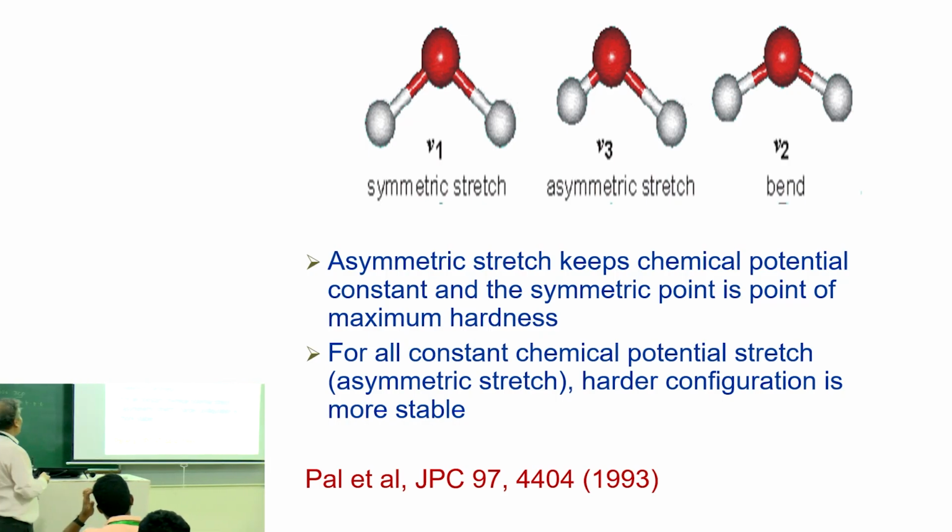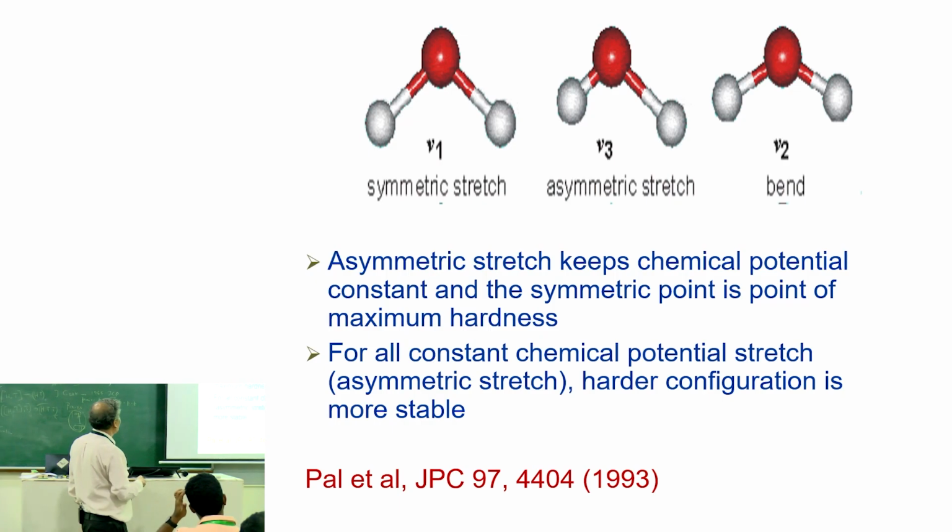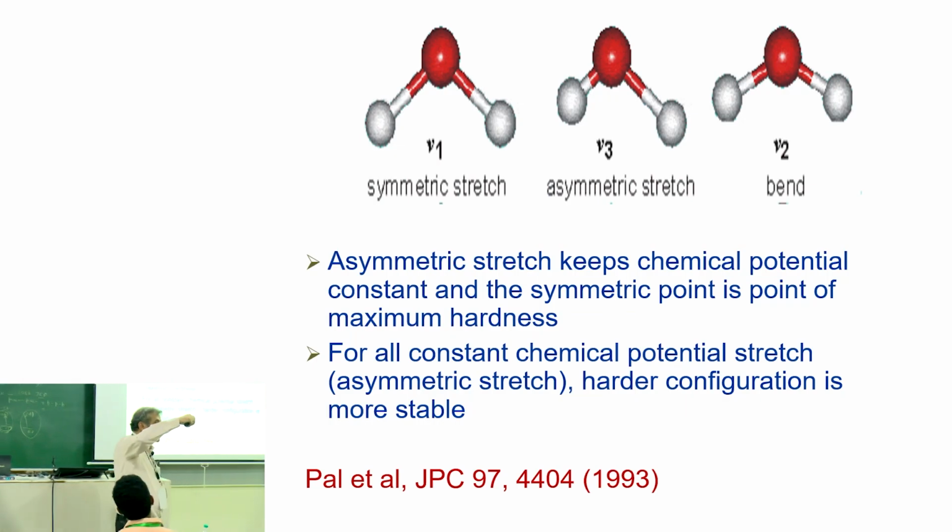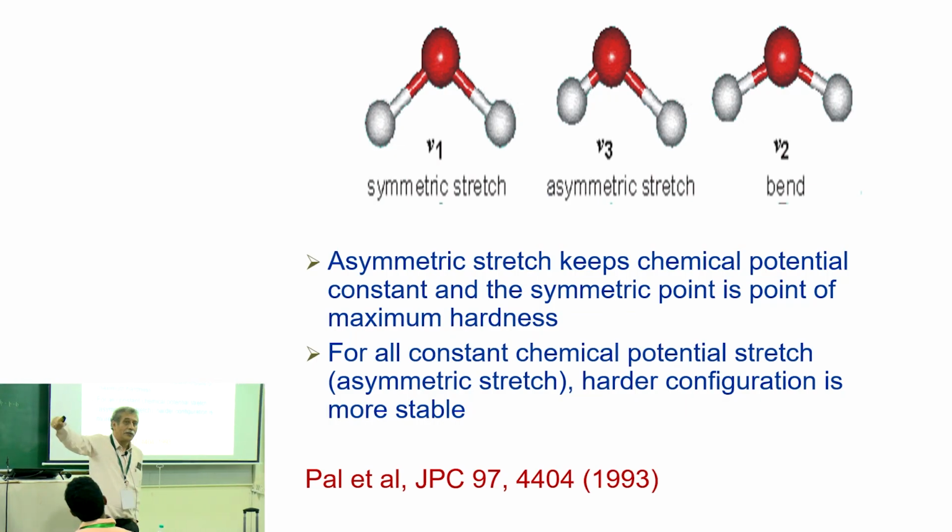So we took a very simple molecule, water. There are symmetric and asymmetric states, the bend and all that. What is interesting is that we saw that if you have an asymmetric stretch, you can keep the chemical potential constant by properly stretching and bending. So many of the asymmetric stretch points are equichemical potential.